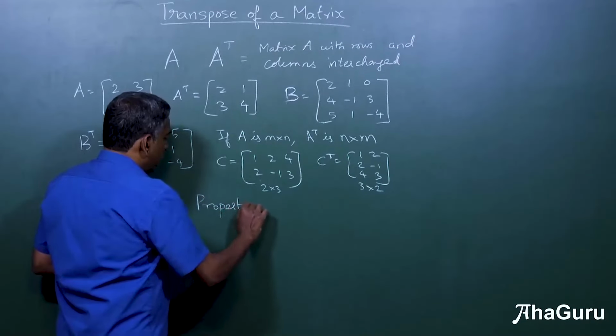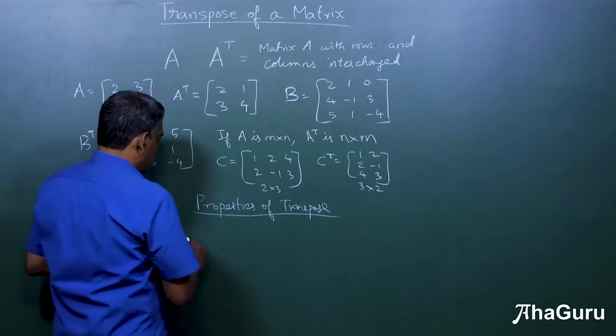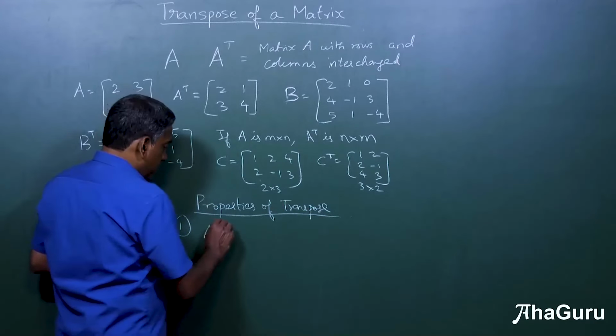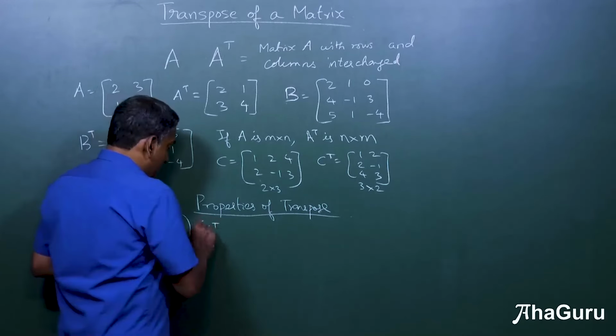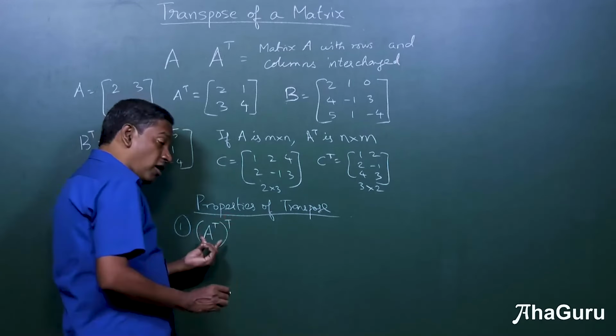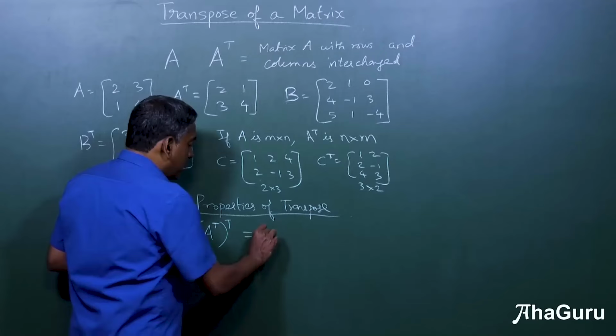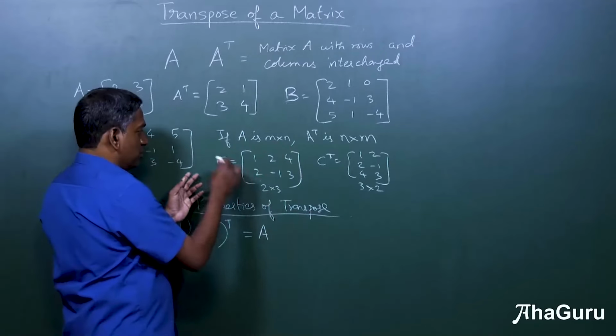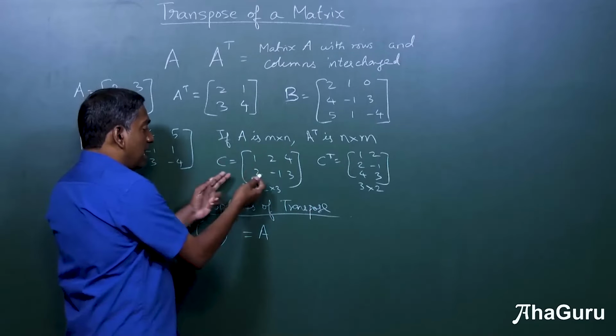Let's look at some properties of the transpose operation. The first property is, if you take a matrix A, take its transpose and take the transpose of that matrix, you will get back the original matrix. Okay, that is fairly obvious. If you change rows to columns, then again change columns to rows, you will again get the original matrix.